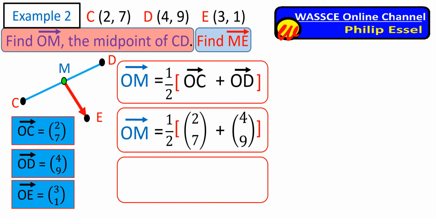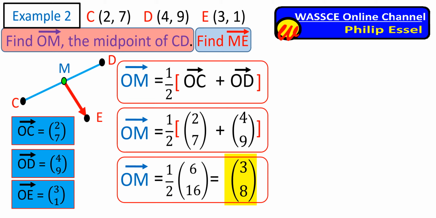So first we would have to solve what is in the bracket. The vector (2, 7) plus the vector (4, 9). When we do this, we would get (6, 16). So what this means is that our vector OM will be equal to half of the vector (6, 16).